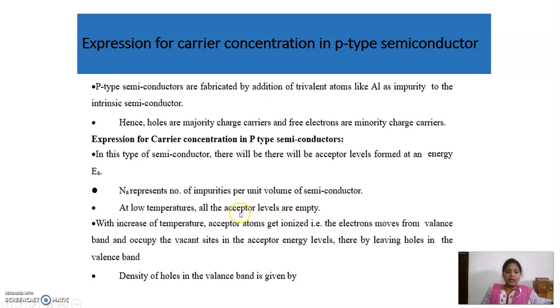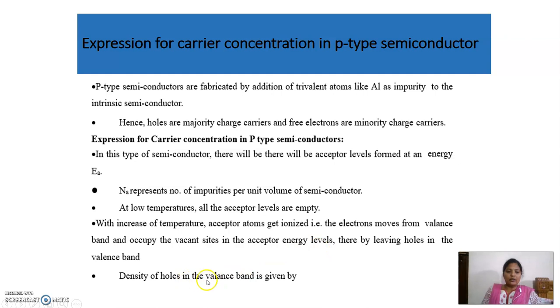With increase of temperature, acceptor atoms get ionized, that is, electrons come from the valence band to the acceptor energy level and it gets ionized. The electrons move from the valence band to the vacant sites in the acceptor energy level.